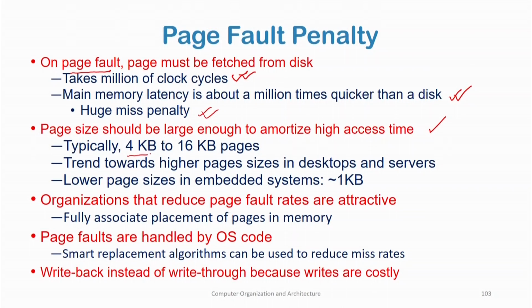Typically, today page sizes are of the order of 4 KB to 16 KB. The newer trends for desktops and servers are that it is going to be still higher, to even say 32 KB or 64 KB. So, each page will be of size say 32 KB or 64 KB. Why?